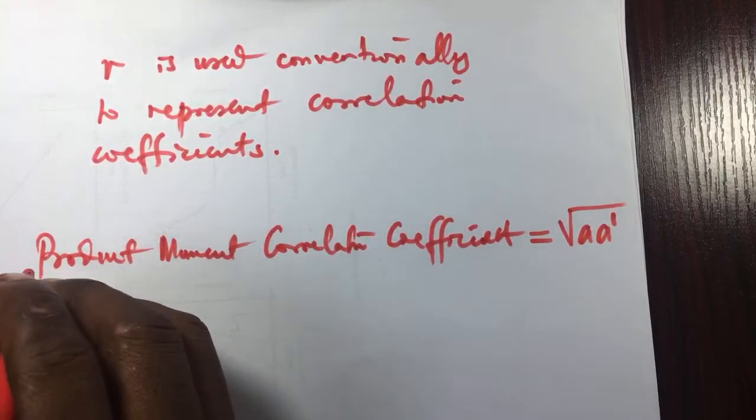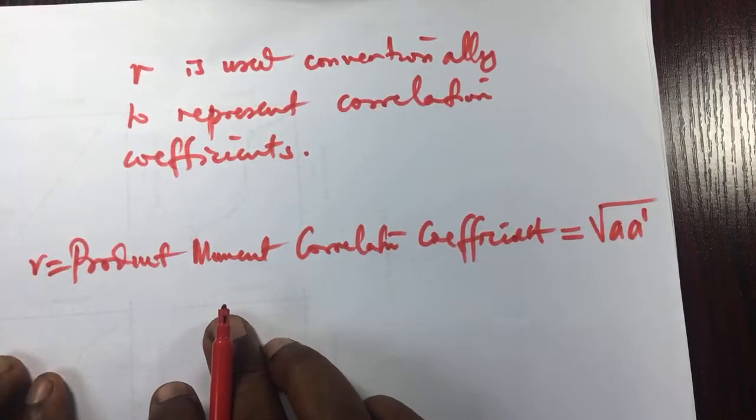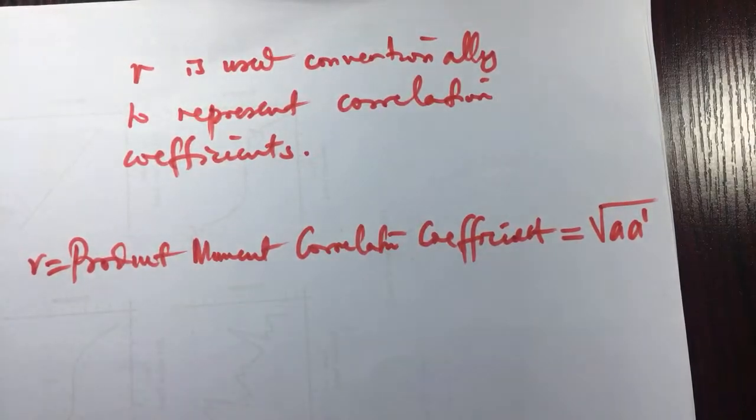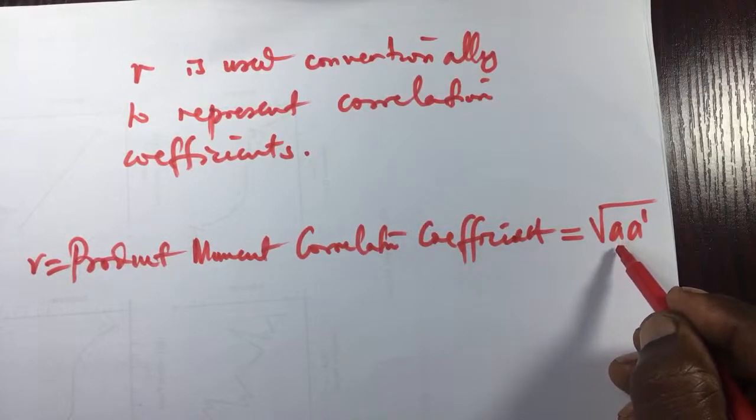So, if small letter r represents product moment correlation coefficient, I am telling you in today's class that to obtain product moment correlation coefficient, all you need to do is to take the square root of the product of A and A prime.